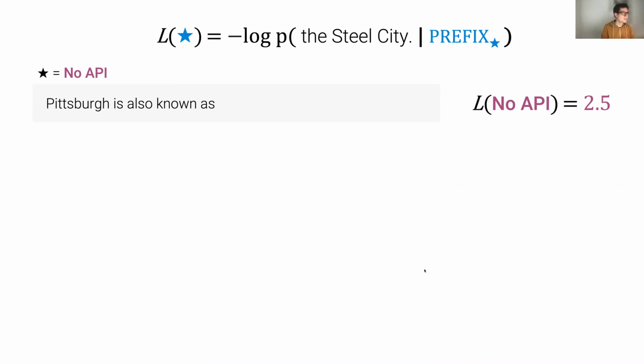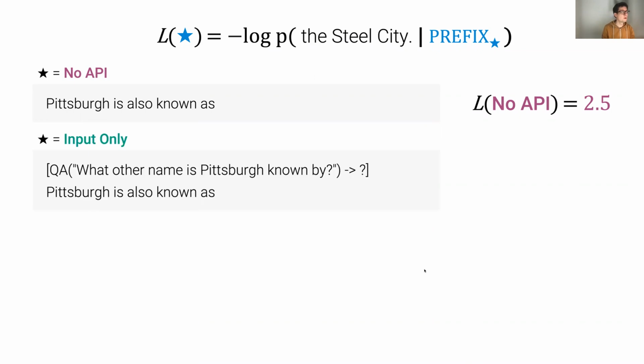Now, the second instantiation of that loss that we look at is the input-only loss. Here, the idea is that we provide our language model with the API call that we're currently looking at, but we don't give it the response. So you can see here we have at the very beginning our API call. What other name is Pittsburgh known by? But instead of a response, we simply have this question mark placeholder here.